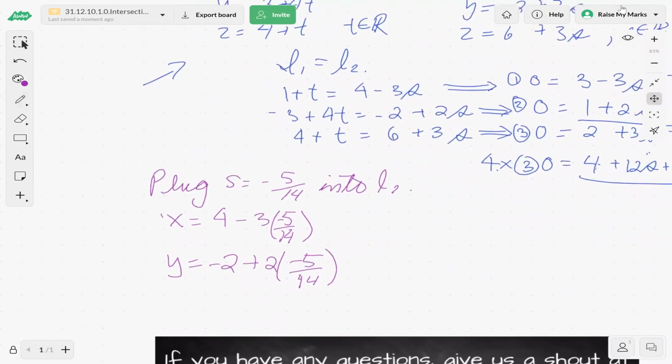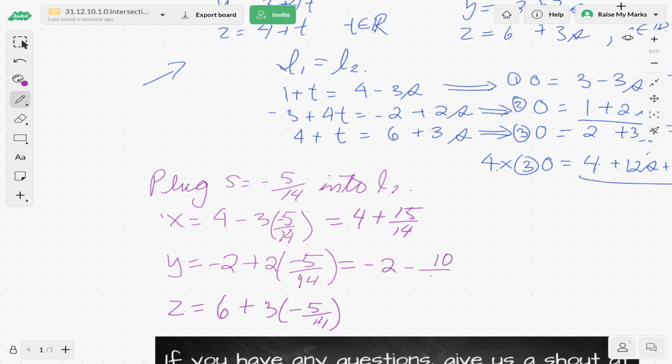And z equals 6 plus 3 times negative 5 over 14. All right, so let's calculate these values. Let's put everything over a common denominator and see what happens.